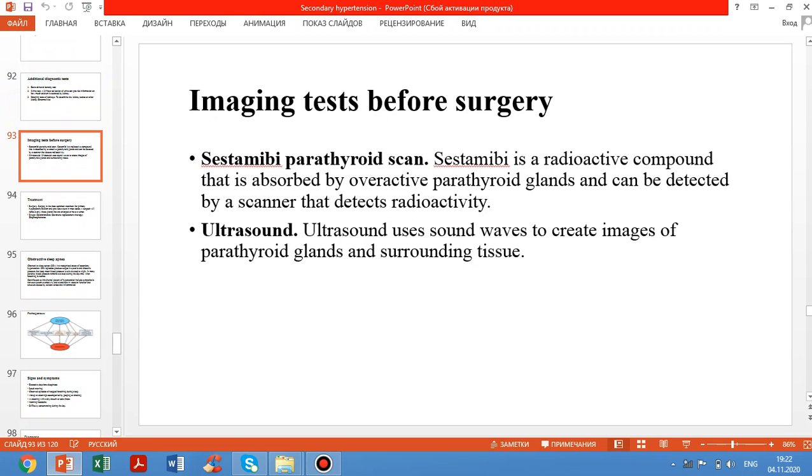Imaging tests before surgery: sestamibi parathyroid scan. Sestamibi is a radioactive compound that is absorbed by overactive parathyroid glands and can be detected by a scanner that detects radioactivity. Ultrasound uses sound waves to create images of the parathyroid glands and surrounding tissue.